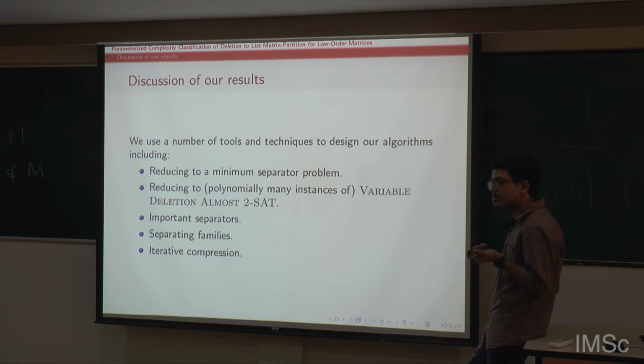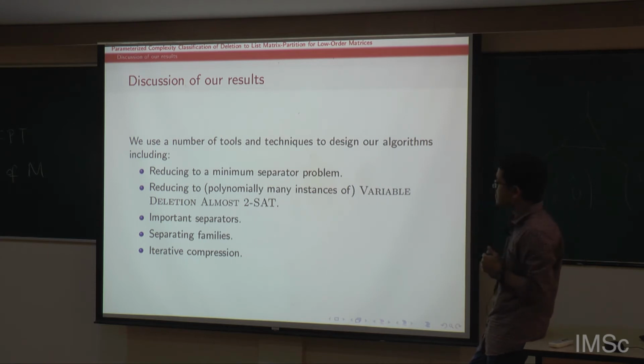So all of you know what the 2SAT problem is. You are given a 2CNF formula and the question is, is this formula satisfiable? In variable deletion 2SAT, you are given a formula and an integer k. The question is, can you delete k variables from the formula so that the remaining formula will be satisfiable? And what do we mean by deleting a variable from a formula? We will delete all clauses containing that variable or its negation.